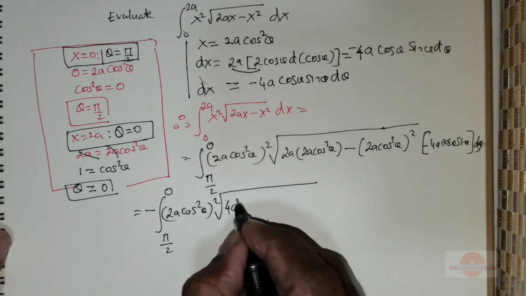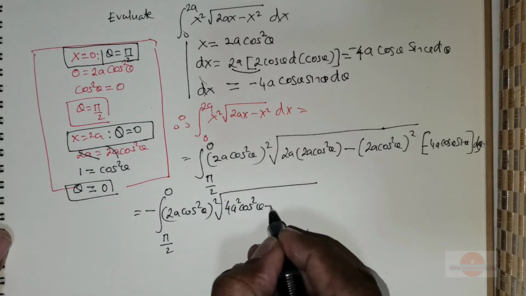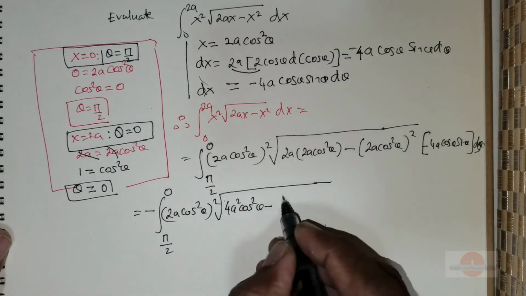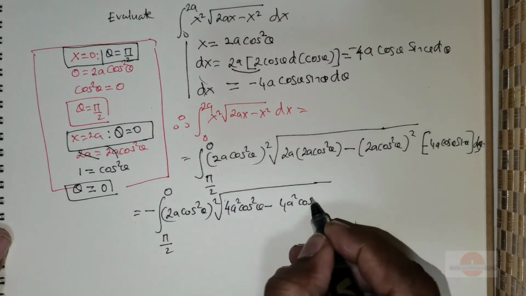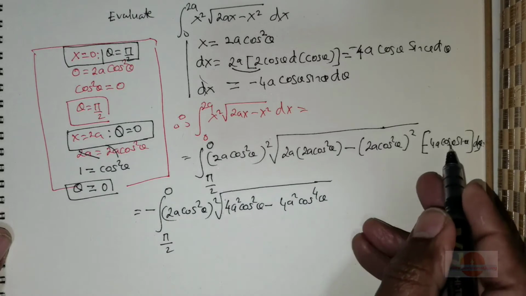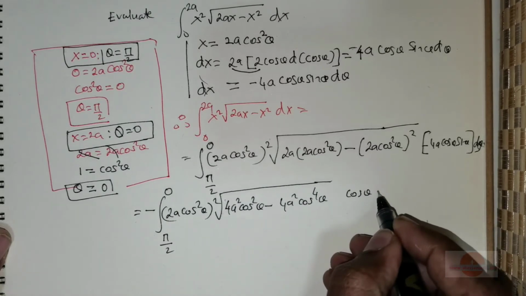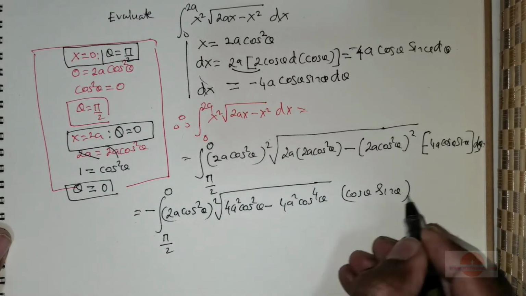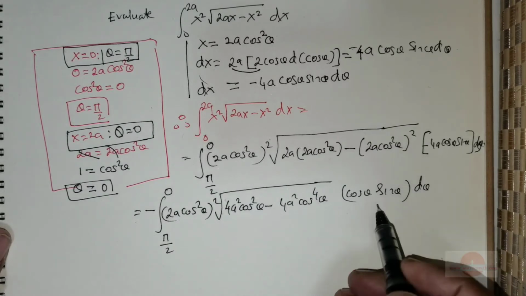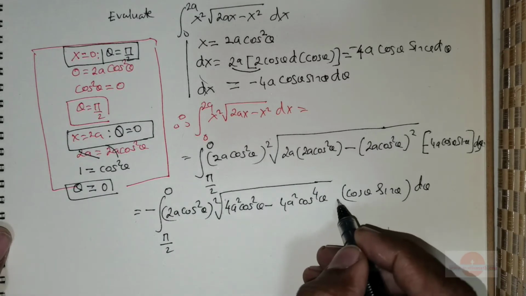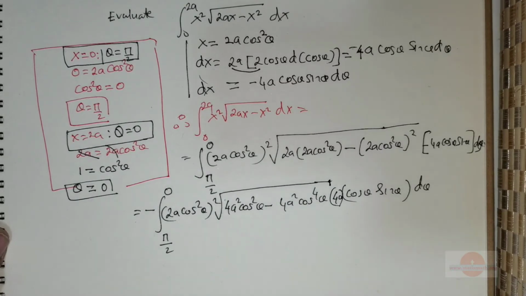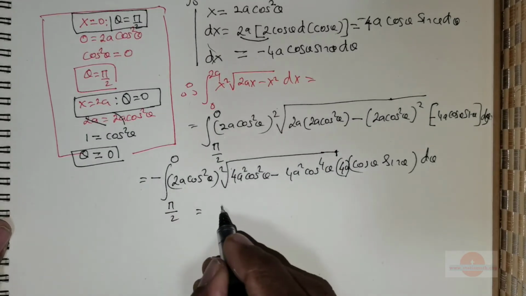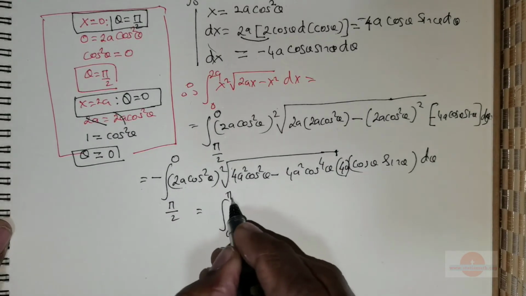That's going to be 4a squared cos squared theta, negative, and squaring this up you get 4a squared cos to the power 4 theta, times cos theta sin theta d theta. You get a 4a there. I'm going to place the 4a in parenthesis, so the square root ends here. Actually I got a negative sign, so I can flip the limits to 0 to pi over 2.